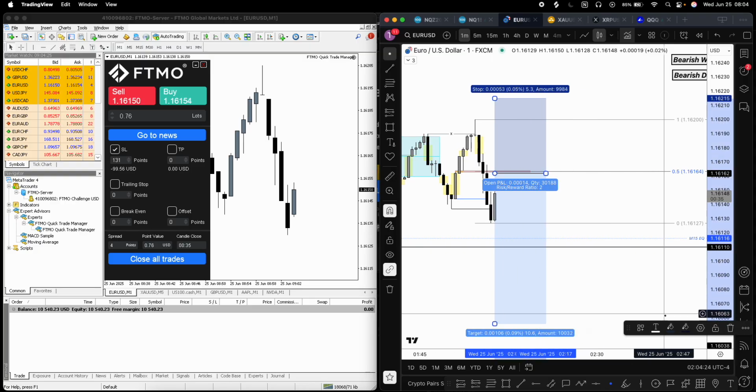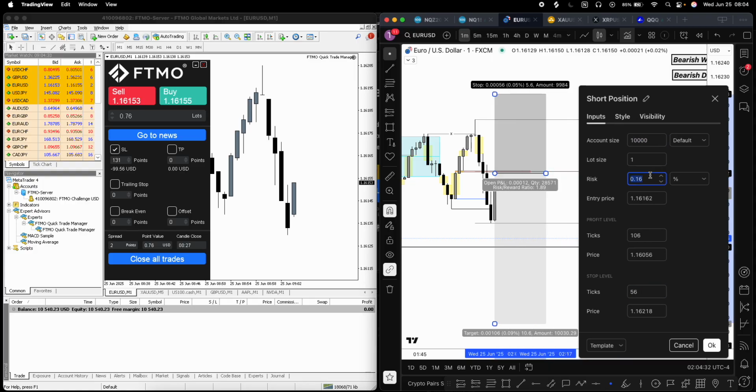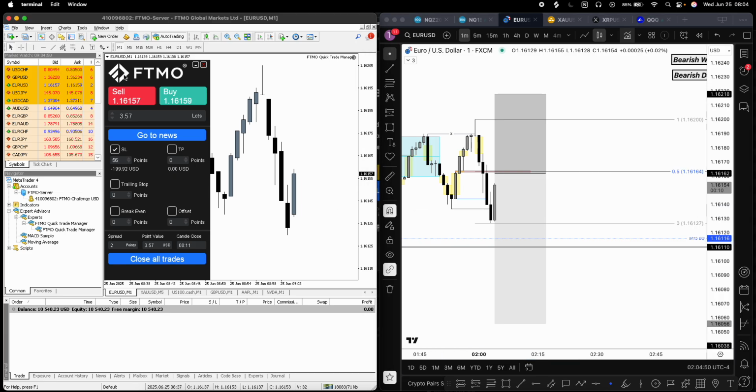So go here, let's just change these colors, and we'll add the spread, 1, 2, 3. We're going to risk 2%, I'll explain that later. So that'll be 3.57 with a stop loss of 56, and then we will get ready to short.